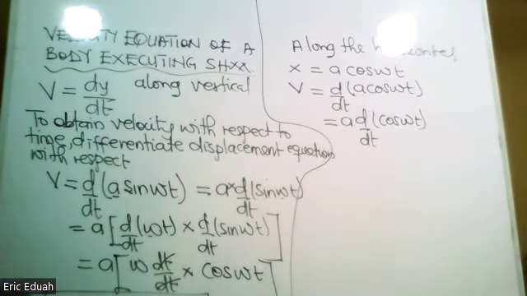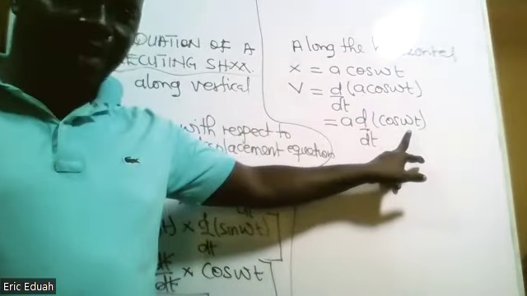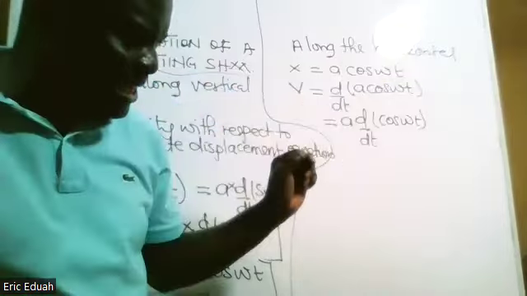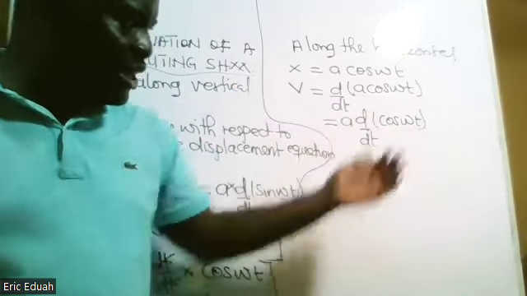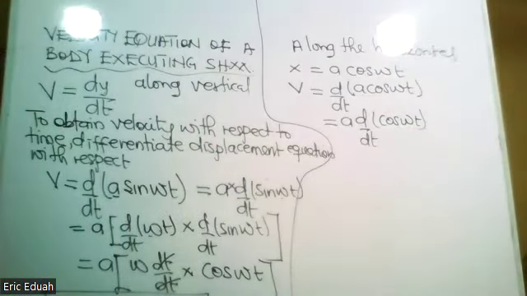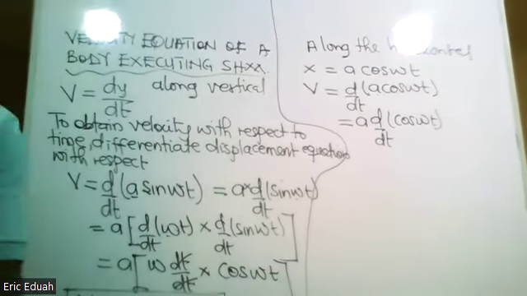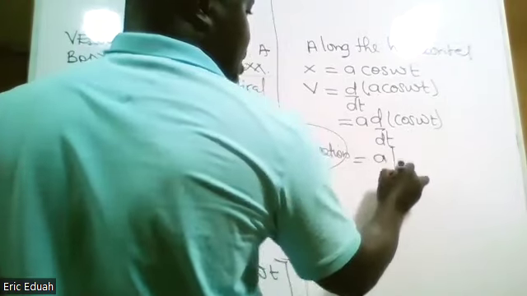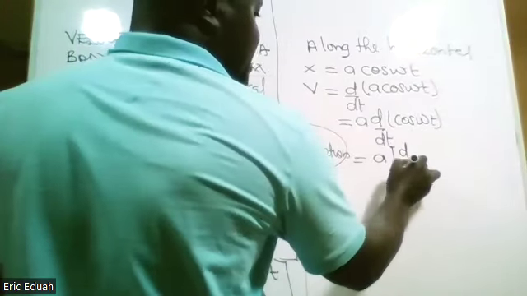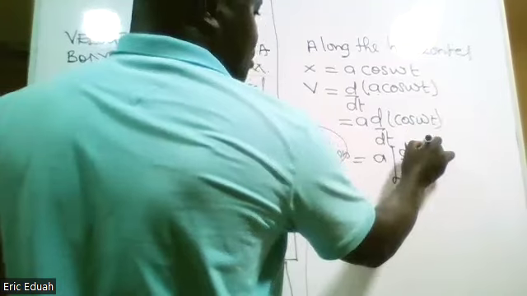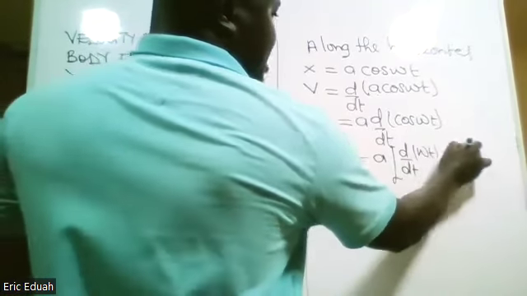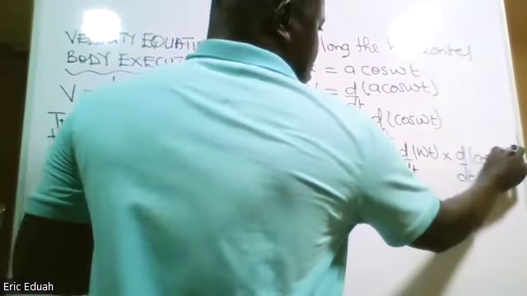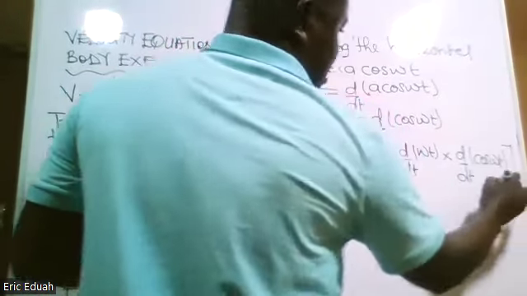Now, this is also a function of a function: a smaller function omega t within a bigger function. So you differentiate the smaller function and differentiate the bigger function. So the differential of this would be dt of the smaller function omega t times dt of the bigger function cos omega t.